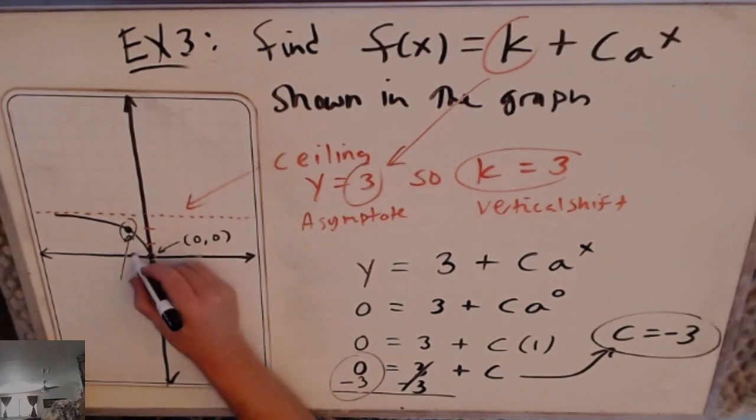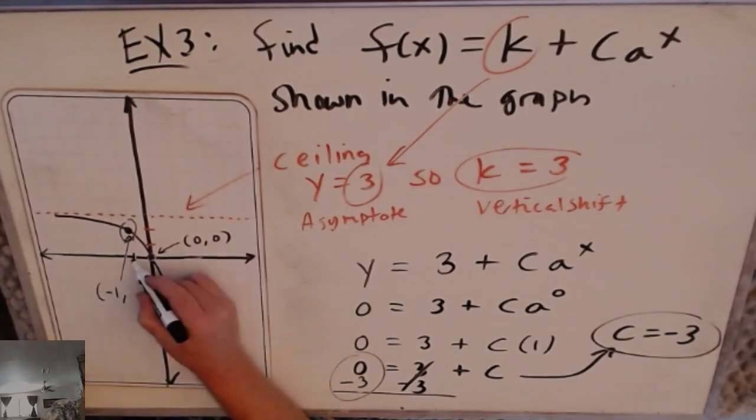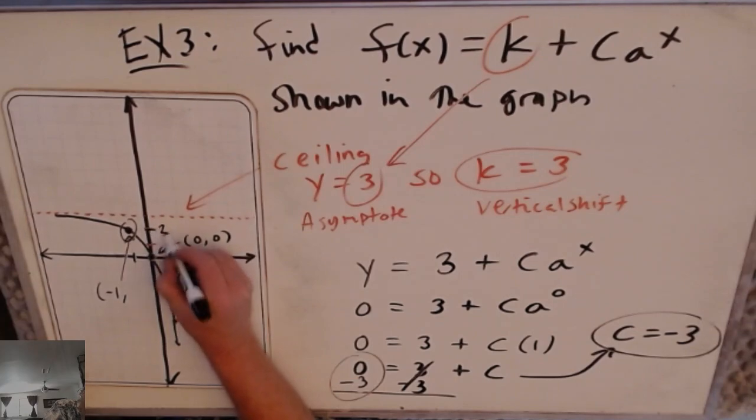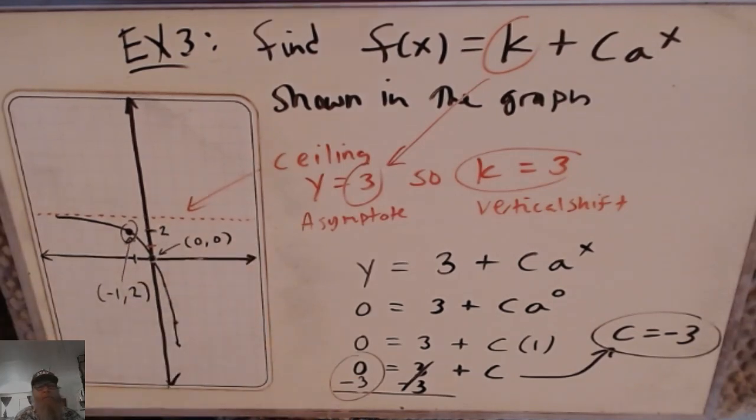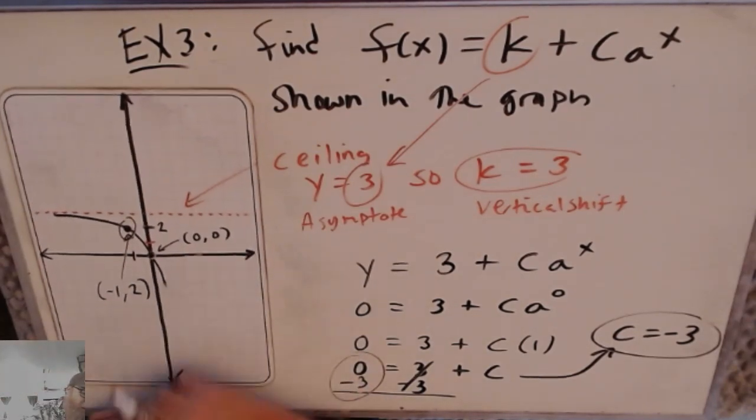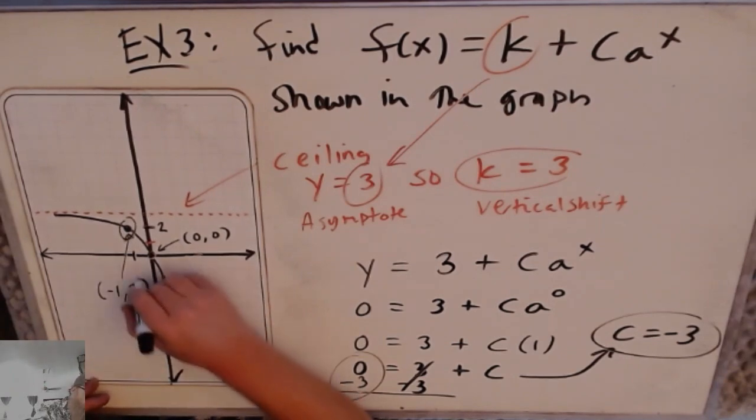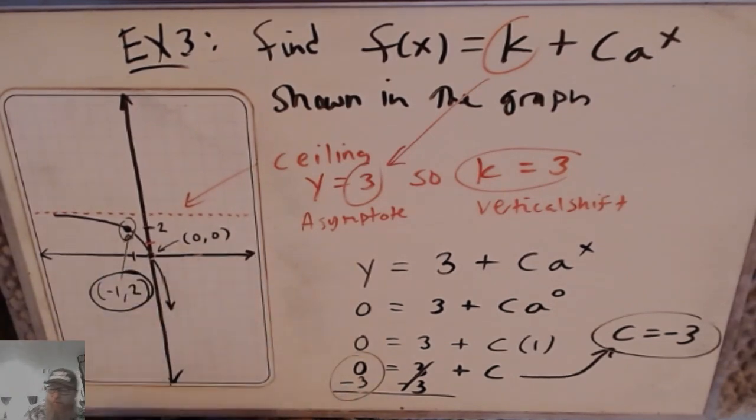I'm going to go with this one, -1 for x and 2 for y. You could have also gone with this one down here. Looks like x is 1 and y is -5. Really doesn't matter, okay? Once you make your choice, don't change your mind. So I'm going to stick with my decision.